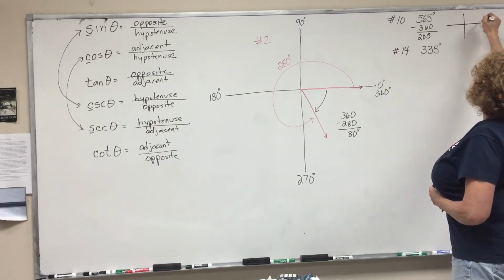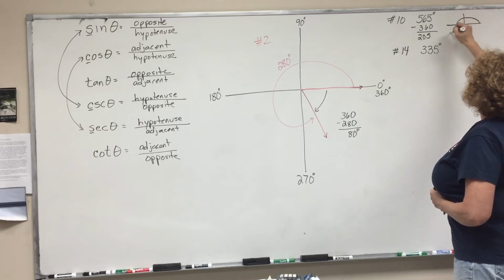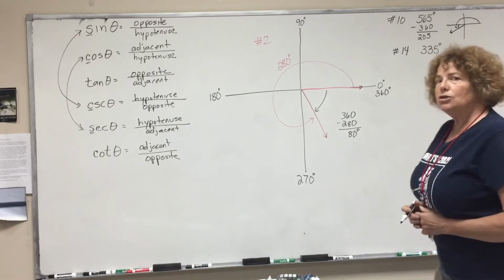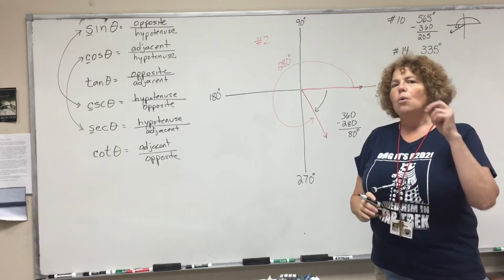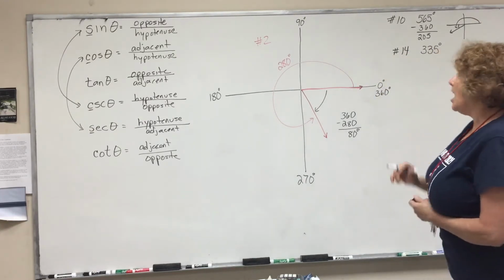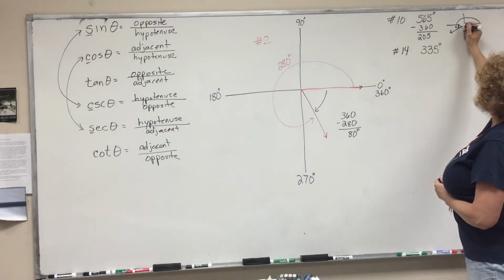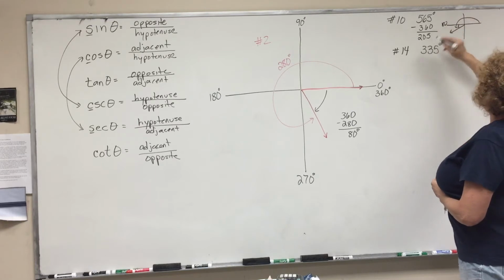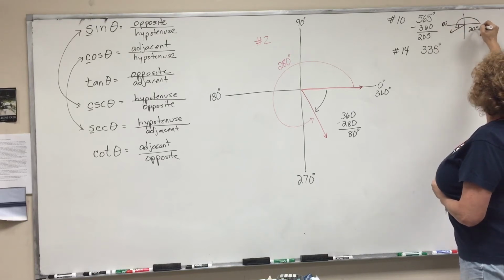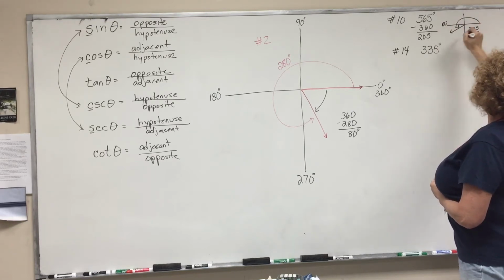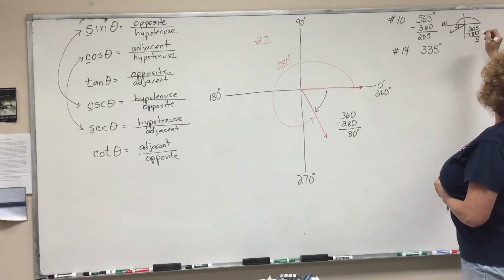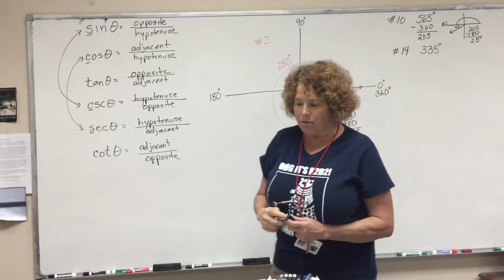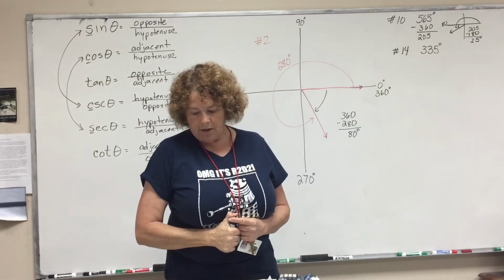If I were to draw 205 degrees, that would be over here somewhere. So my reference angle would actually be the angle between 180 and 205, because it's the angle that's less than 90 degrees over here. So if this is 180, I would say 205 minus 180, and my reference angle would be 25 degrees.